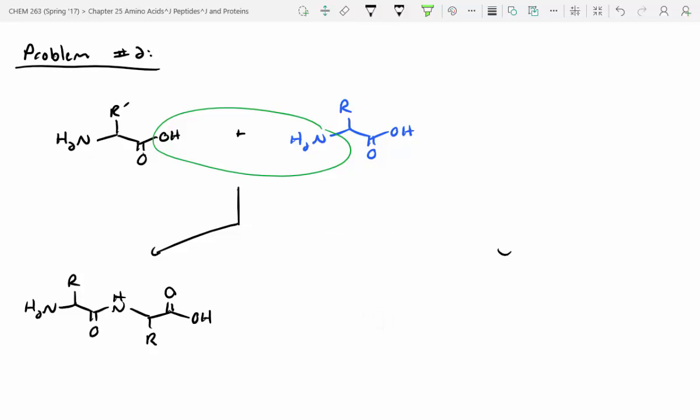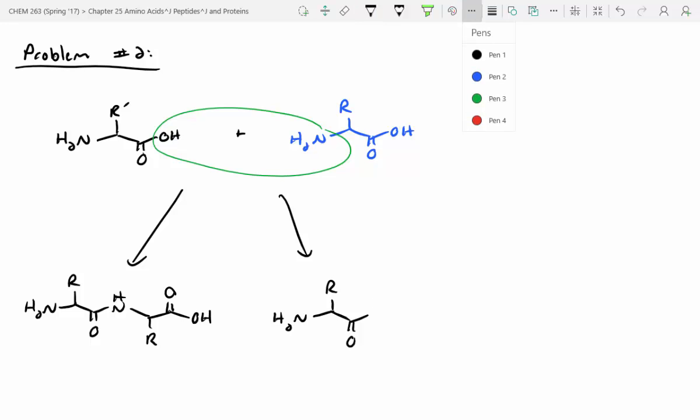Actually, I'm going to clean this up. I don't like the way it looks. That's one option. Another option is that it will react with the blue one the way you want. Oh, sorry, this should be blue. And you get the peptide bond that you were interested in.